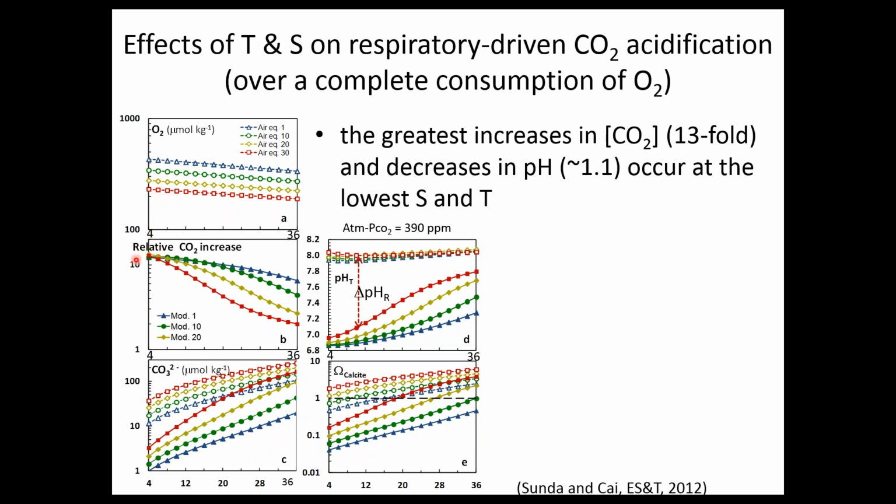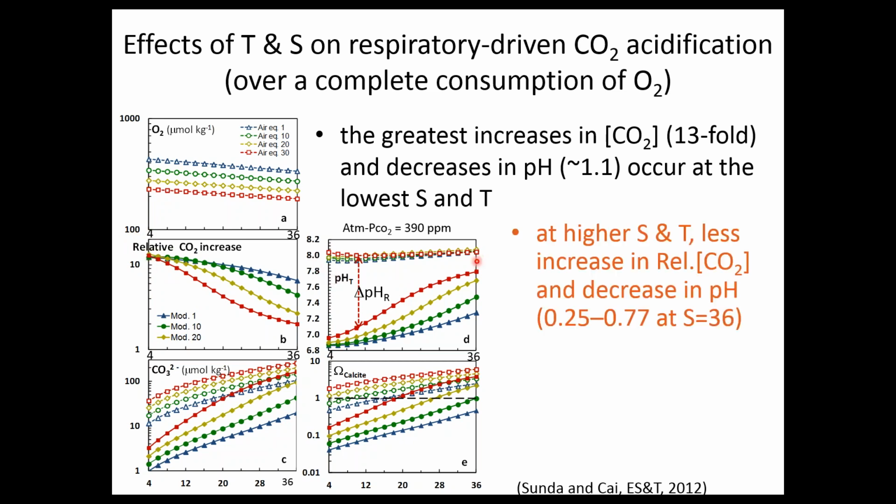And you see the CO2 change and the pH change, they are greatest. There's a large change in both pH and pCO2 when the salinity and temperature are low. At a higher salinity and temperature, there is less change in relative CO2 and in the decrease of pH.